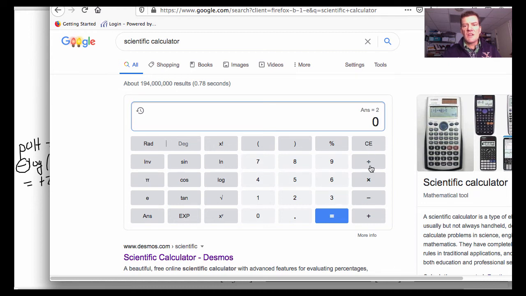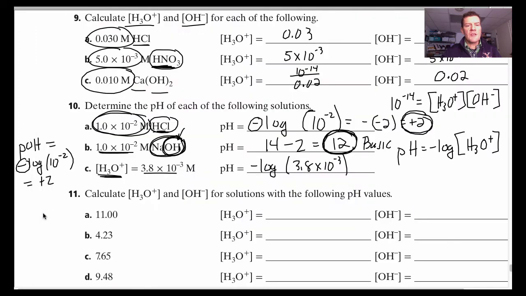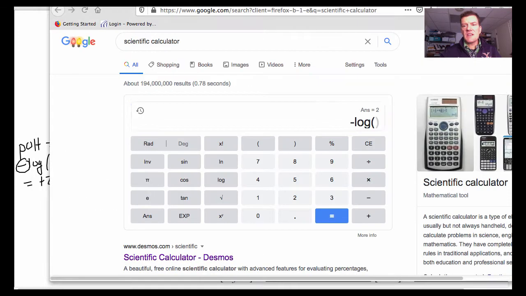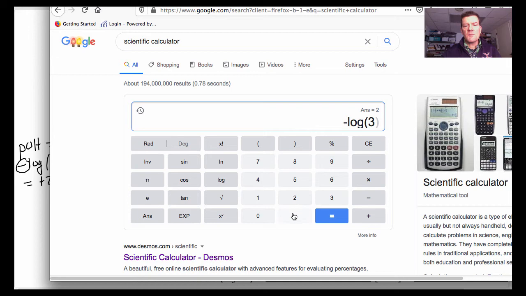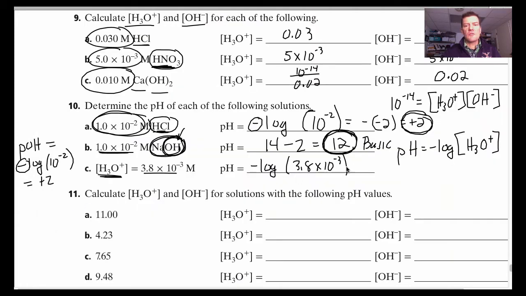We want the negative log of 3.8 times 10 to the negative 3. 2.42, let's go. 2.42, the pH here is less than 7. This is acidic.